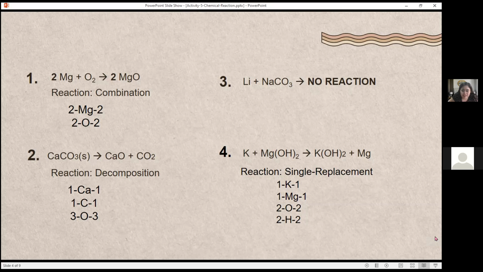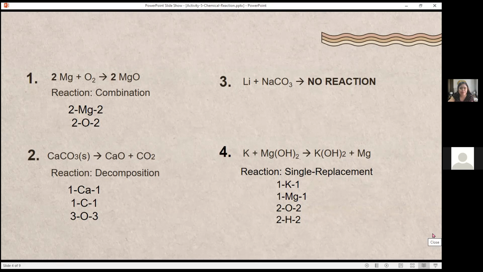So no reaction. Number 4 is K plus Mg(OH)2 yields KOH plus Mg. The reaction is single replacement. Balancing it, there is nothing to change because the equation is already balanced.